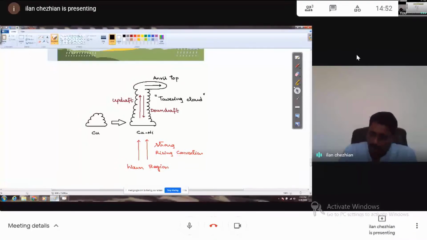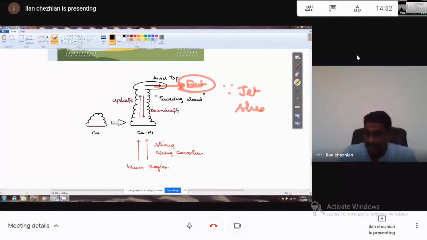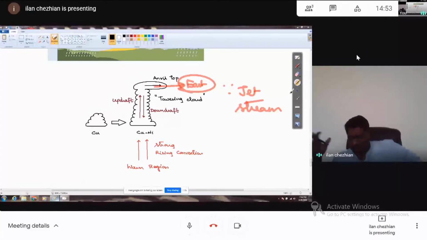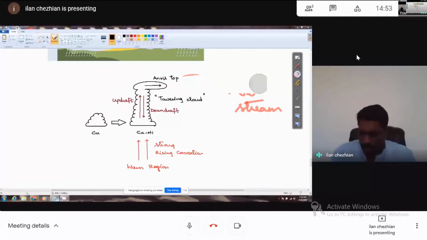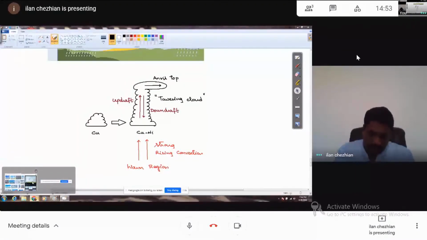If you ask me why this part of the cloud is getting extended towards the east, it's all because of the jet stream, my friend. I know the direction of the jet stream: it flows from west to east. While doing so, it results in the extension of this cloud towards the eastern side. Okay.